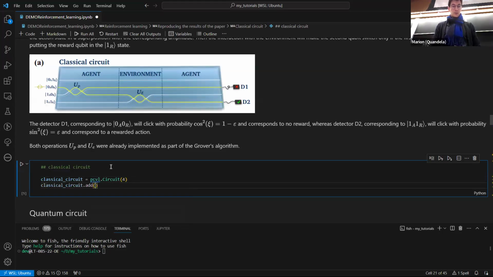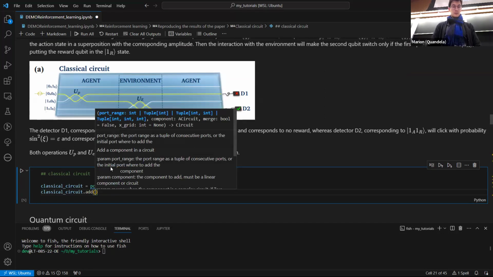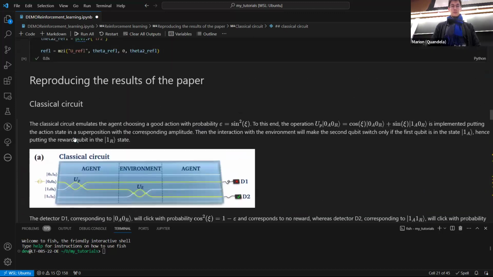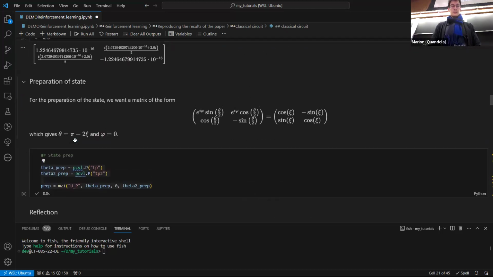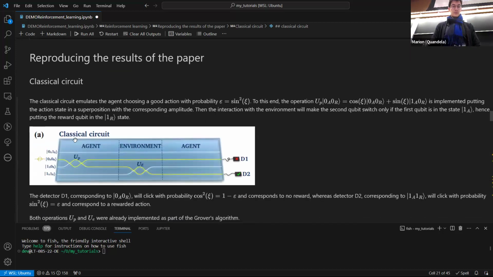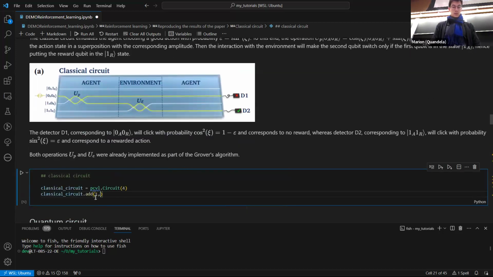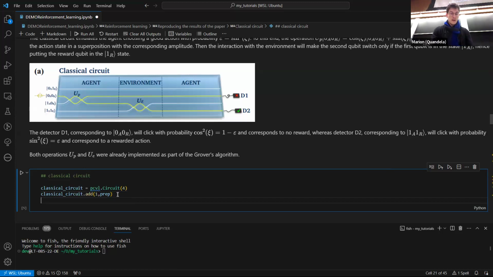And I will add on the circuit UP, which I called, I don't remember, prep. You see that I add prep on the first mode because it's starting on the first mode. And then I will add on the second mode the environment here. And I think we are good to go.